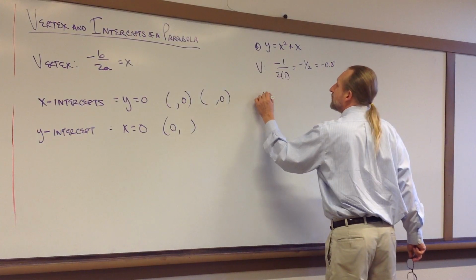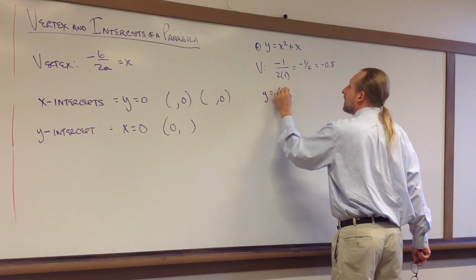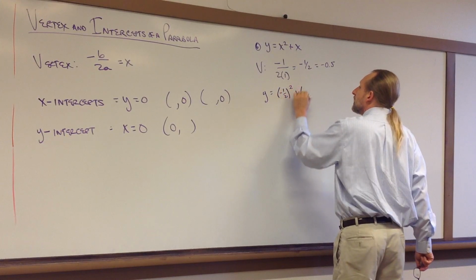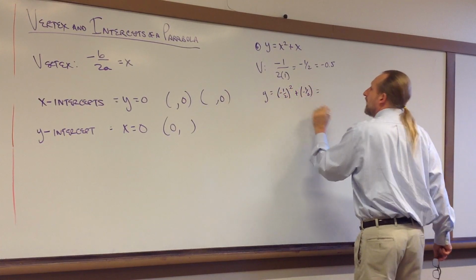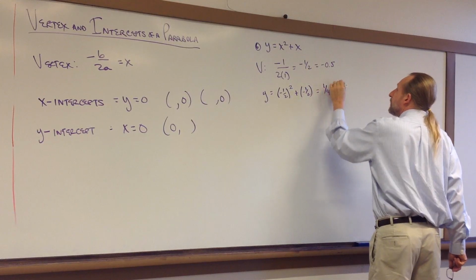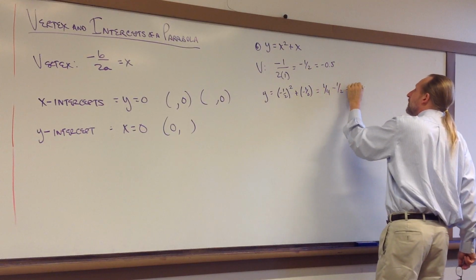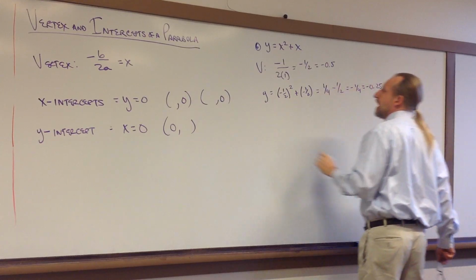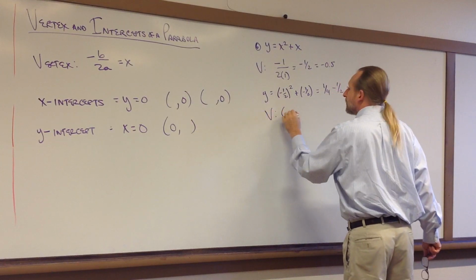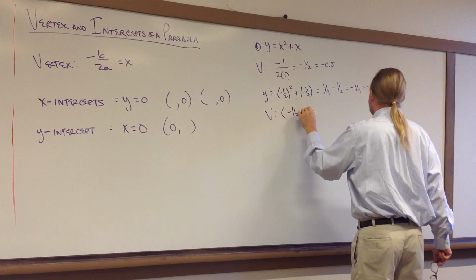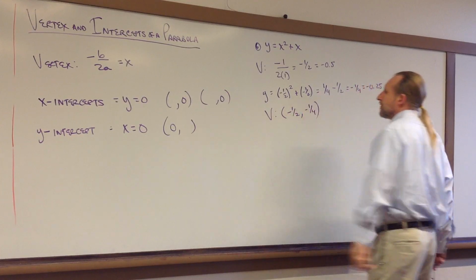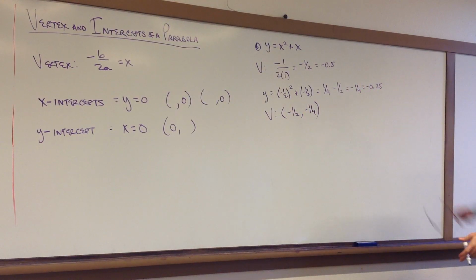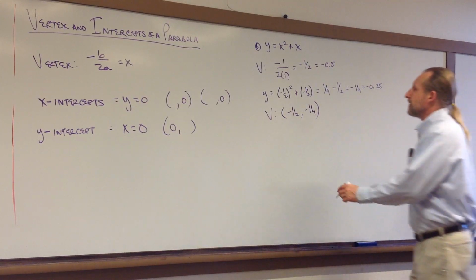Then we need to plug in that x value: negative 1/2 squared, plus negative 1/2. So that's positive 1/4 minus 1/2, so minus 1/4 or minus 0.25. So our vertex is at the point (negative 1/2, negative 1/4). Again, you can use those decimal values if you prefer.